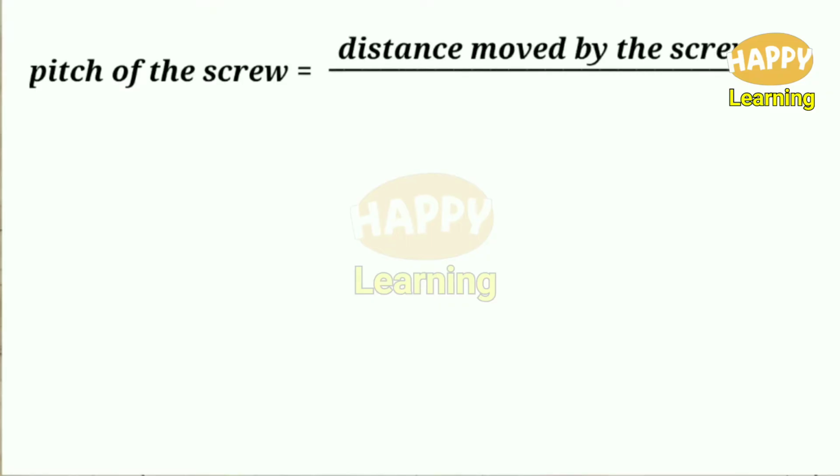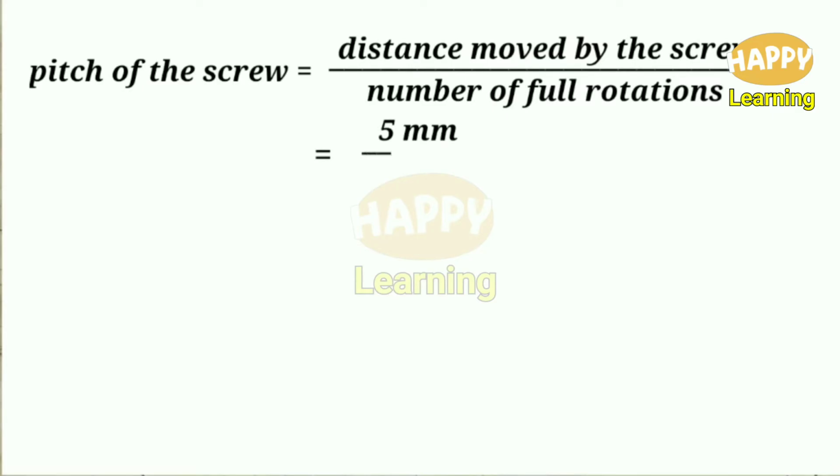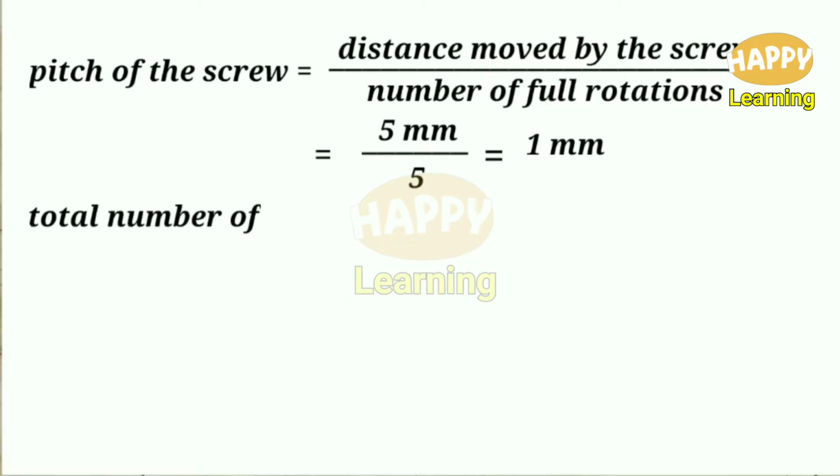Pitch of the screw is equal to distance moved by the screw by number of full rotations, that is equal to 5 mm by 5, that is equal to 1 mm. Total number of head scale divisions is equal to 100.